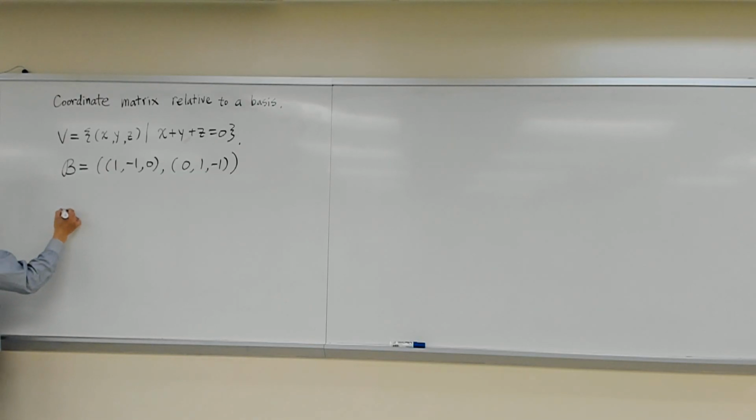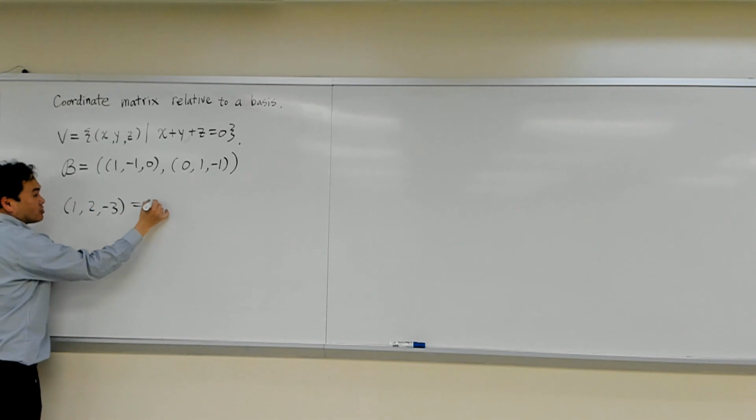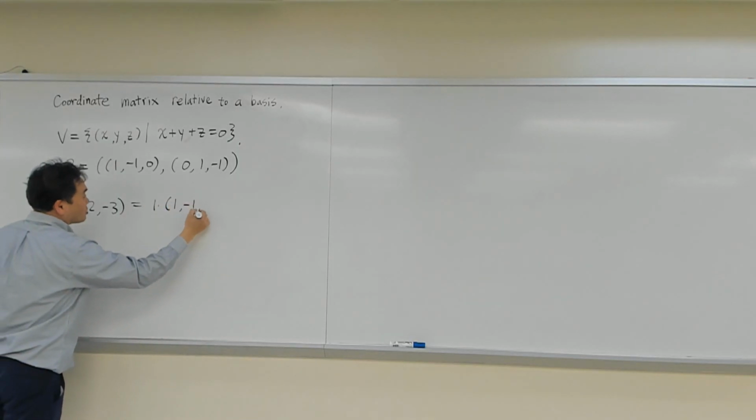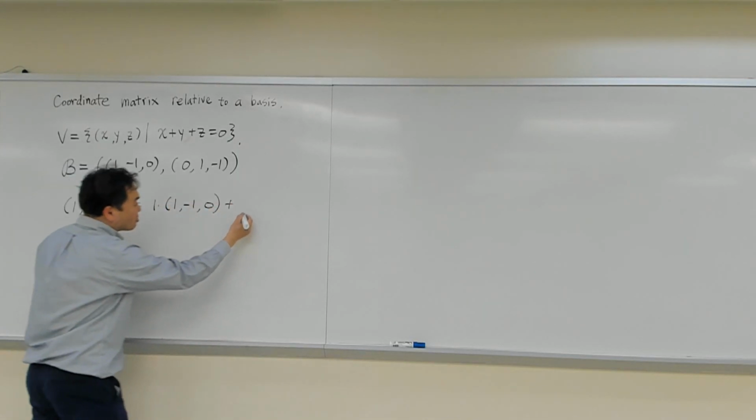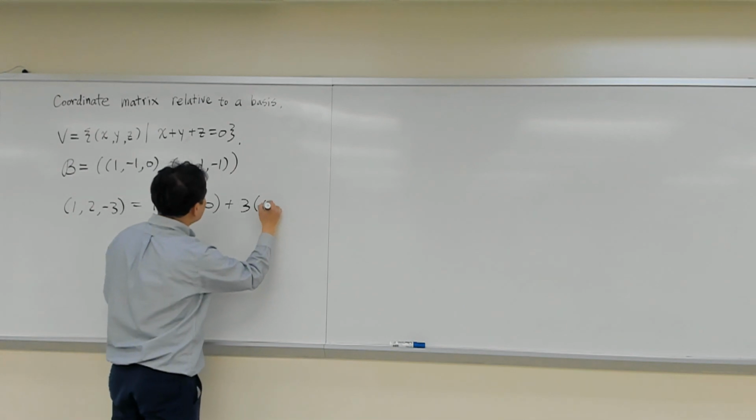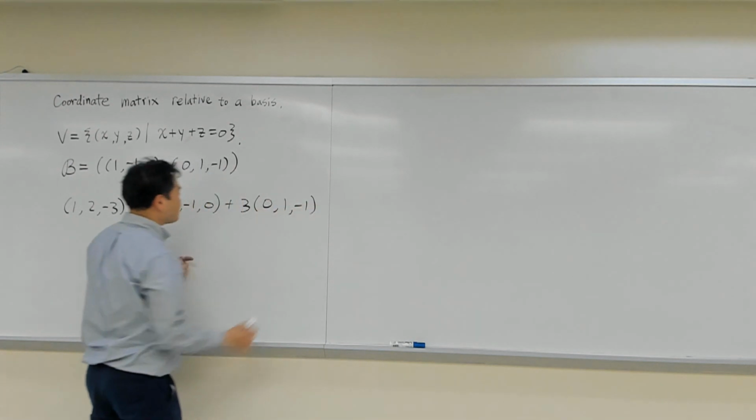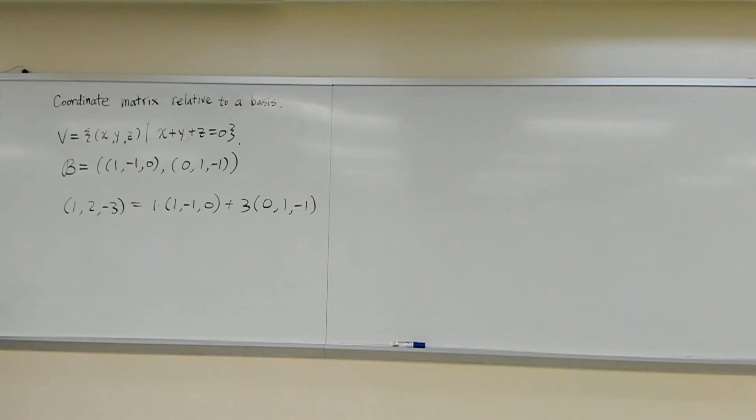Okay. So 1, 2, -3, and actually we did this calculation. This is 1 times 1, -1, 0, and then plus 3 times 0, 1, -1. So let's just check. Yeah, so this is right. Okay, so we have this.